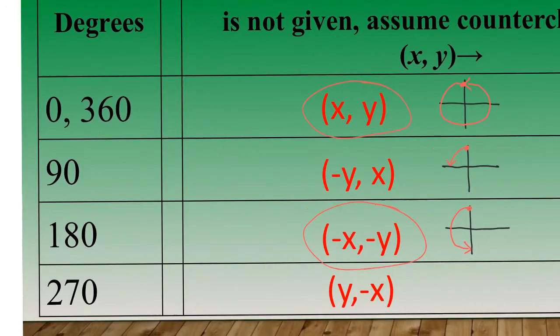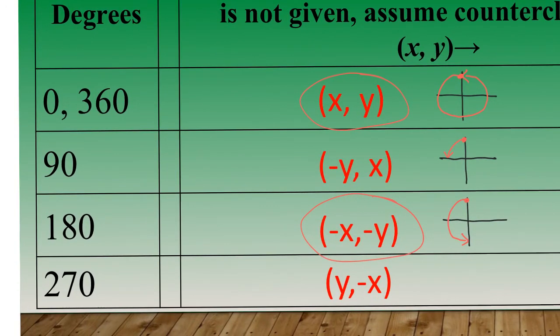And then the last one, if I had a 270 degree rotation, that would look like this. We're going to swap x and y and we are going to make the x negative. Those are the rules for our rotation. So you need to memorize these and know what to do for each.